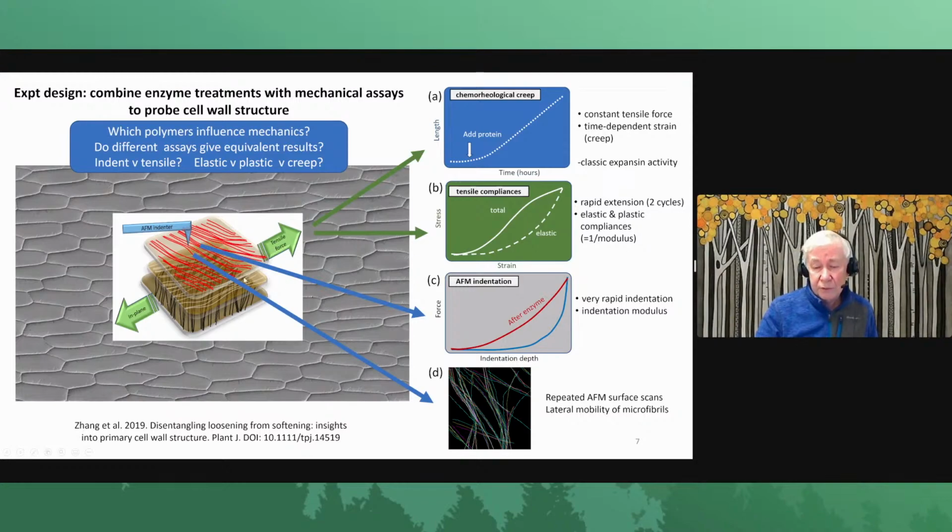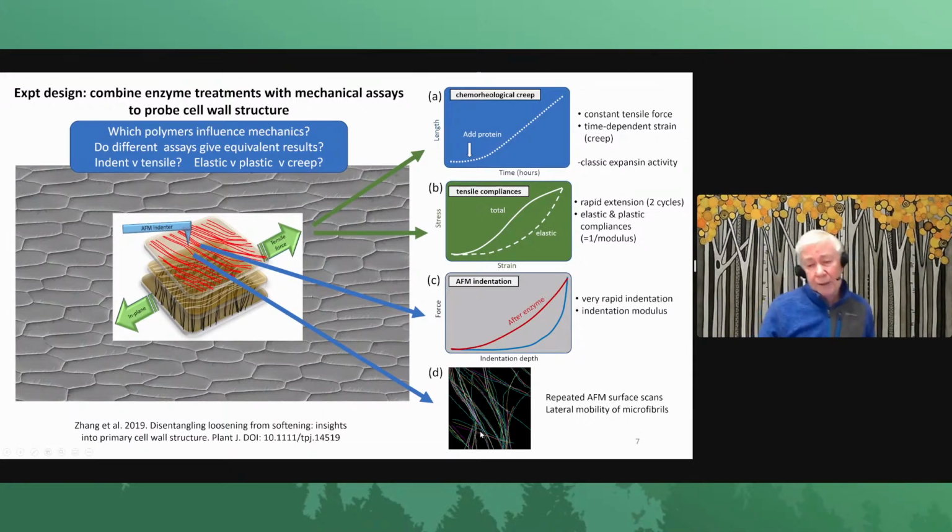So a different mode of deforming the cell wall. We use the AFM indenter to deform the surface, and we get a force indentation curve. And from these curves, we can measure a modulus and look at the difference before and after enzyme treatment to get a type of indentation modulus.